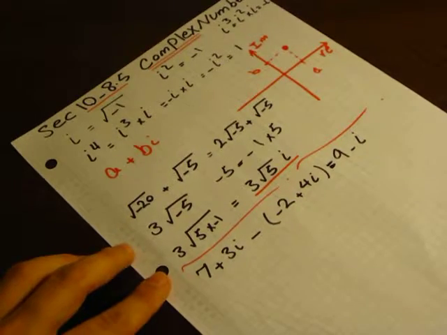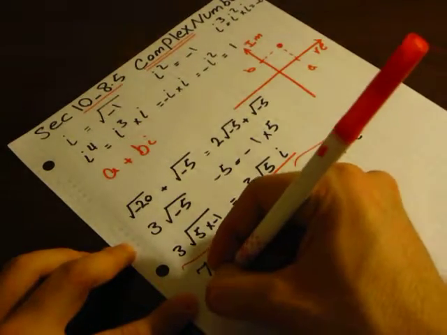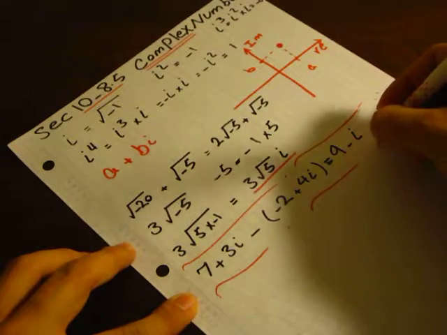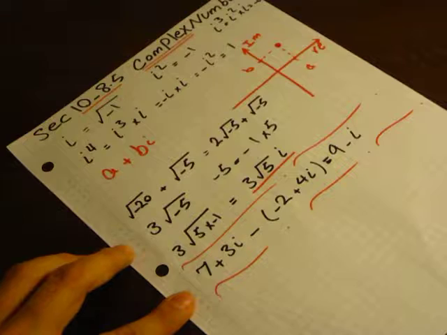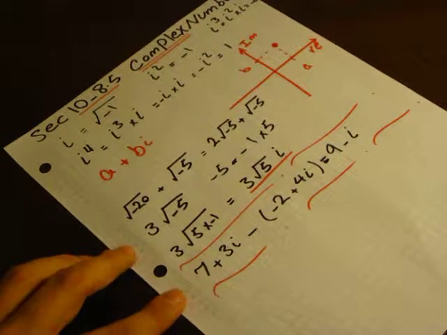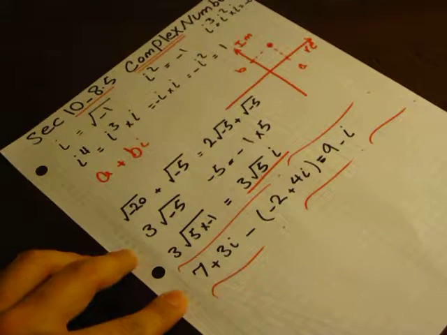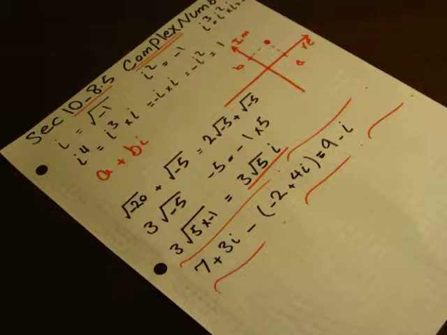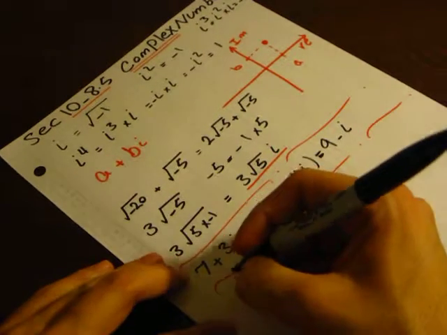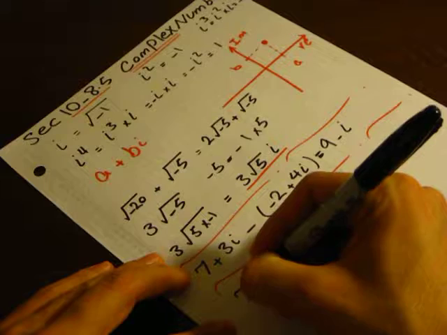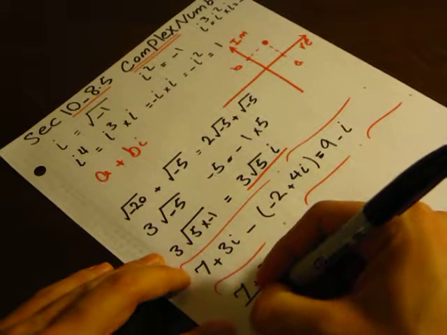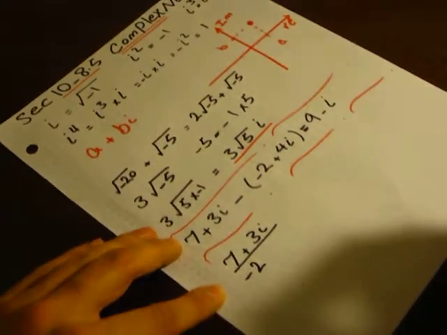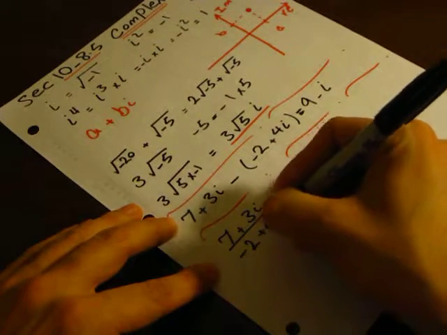So let's move on to the last example, which I believe is the most important one. What I am going to do is basically simplify this fraction: 7 plus 3i divided by negative 2 plus 4i.